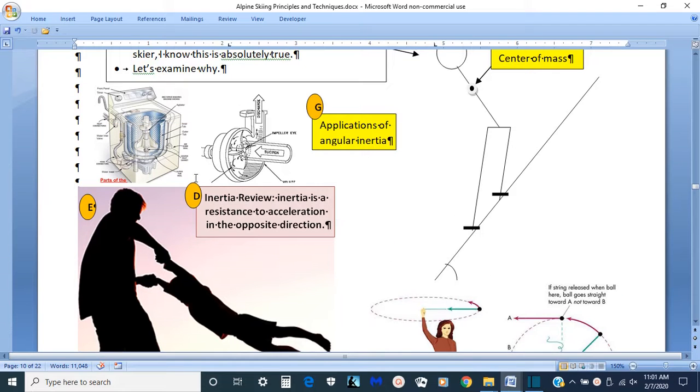So an example application of this angular inertia is your washing machine. When it's going through the spin cycle to dry the clothes, to get the water out, it spins really fast, and that throws the water out. The same principle applies with a centrifugal pump here.